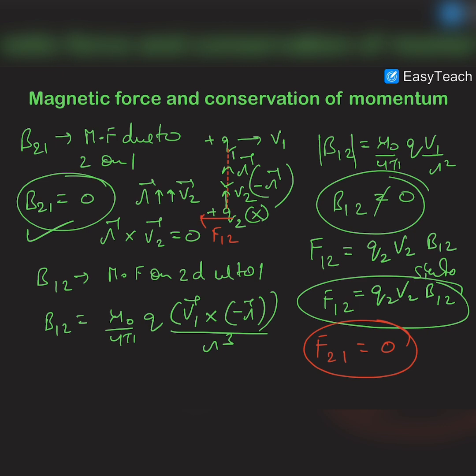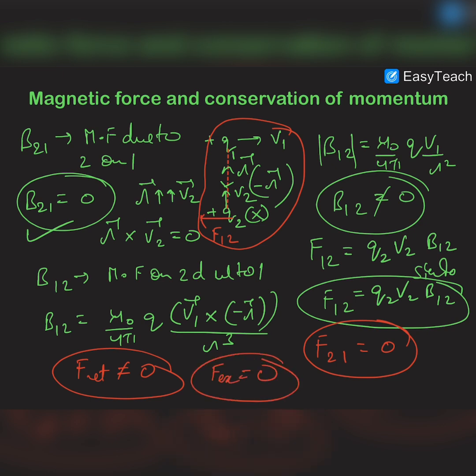As well, if you find the net force acting on the system, the net force is non-zero. If we consider these two as a system, then the net force acting on this system is non-zero. Although the external force on the system is zero, there is no force acting on the system from outside.